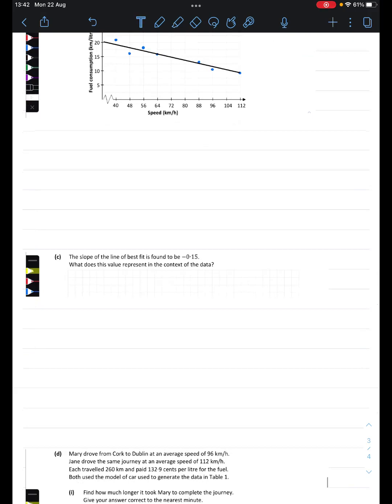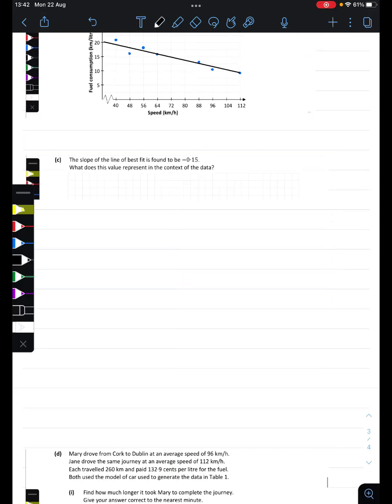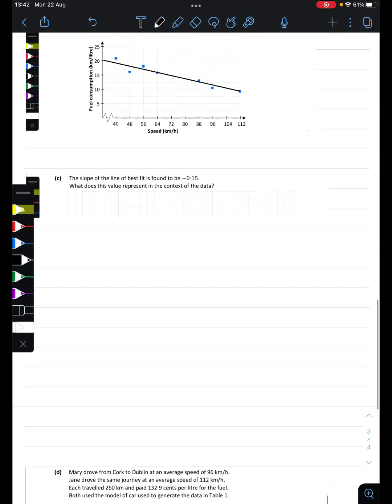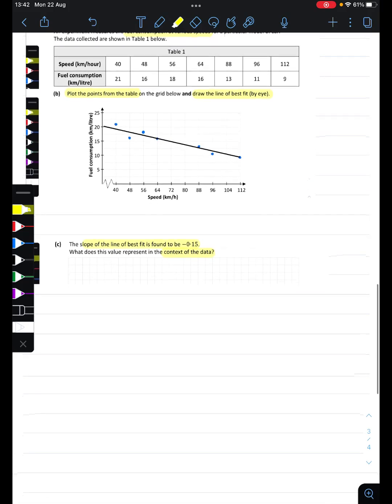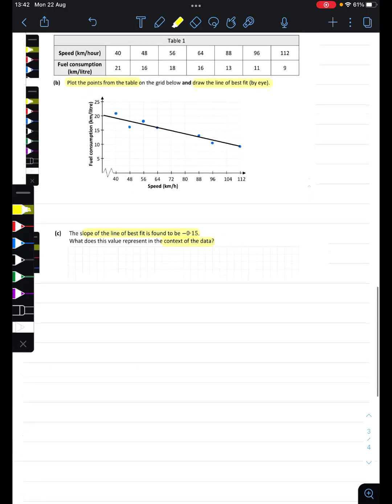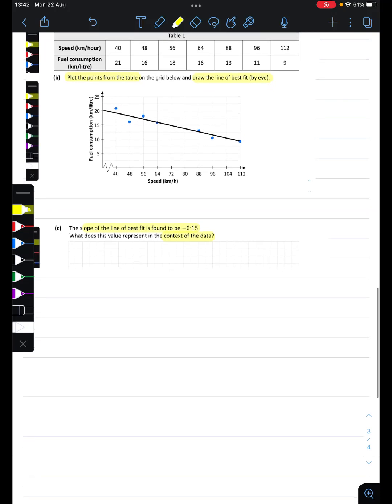The slope of the line of best fit is found to be minus 0.15. What does this value represent in the context of the data? Okay, so the slope of this line is minus 0.15. When they ask these questions, it's important to look at what the units on the x and y axis are.